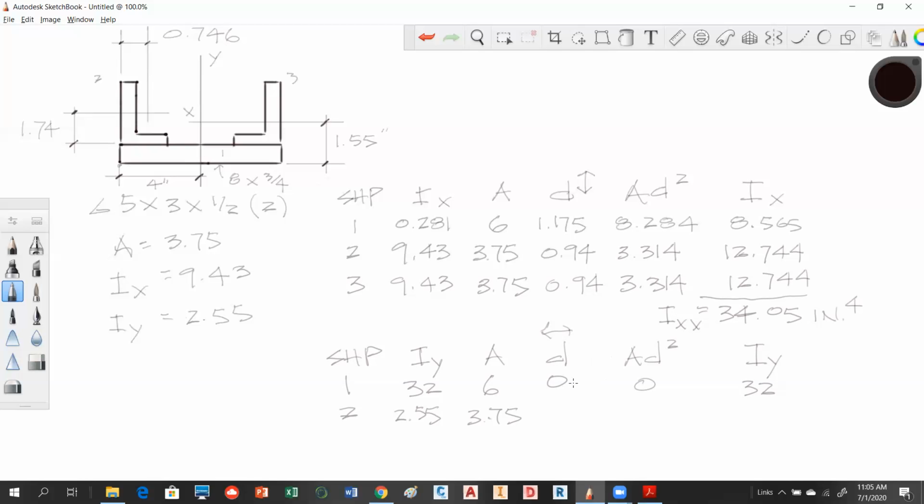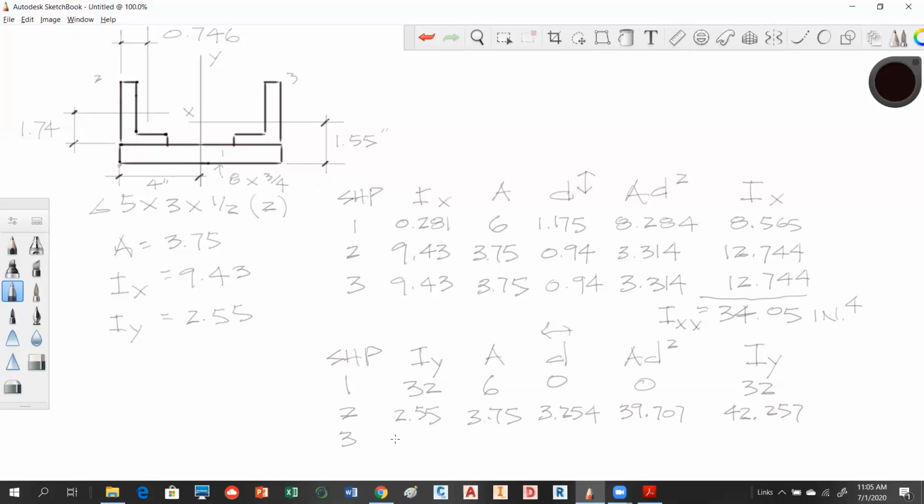So that gets to be 3.254. Square that times the 3.75 gives us 39.707. We add these two together, you're going to get 42.257.